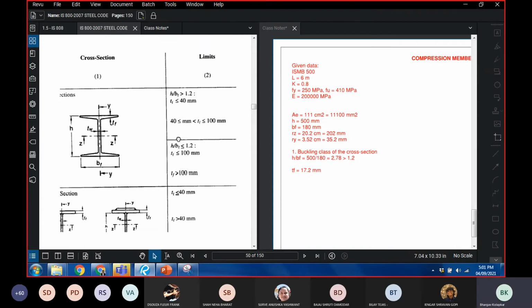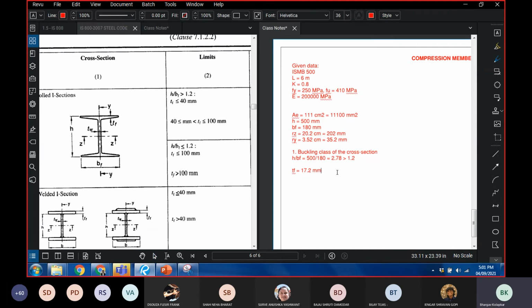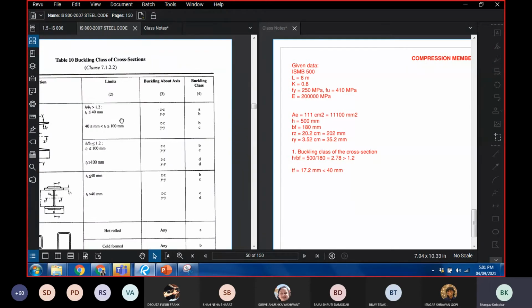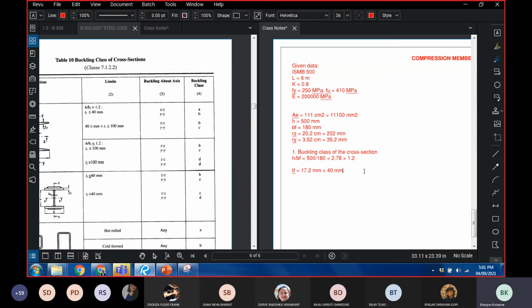Now we go back to the steel code. Compare it with 40. This is less than 40 mm. Therefore, the condition that is valid for us is this one. Therefore, for buckling about ZZ axis, the buckling class is A, as you can see here.